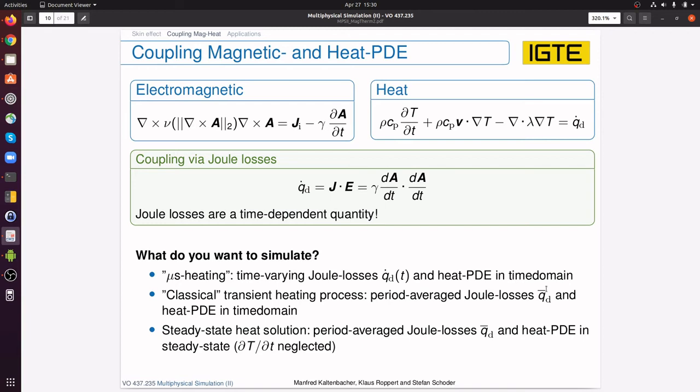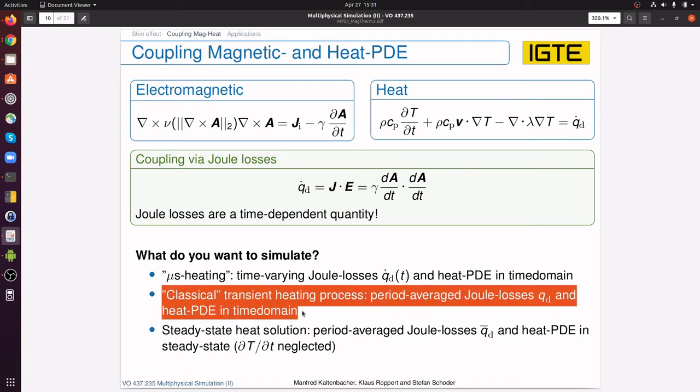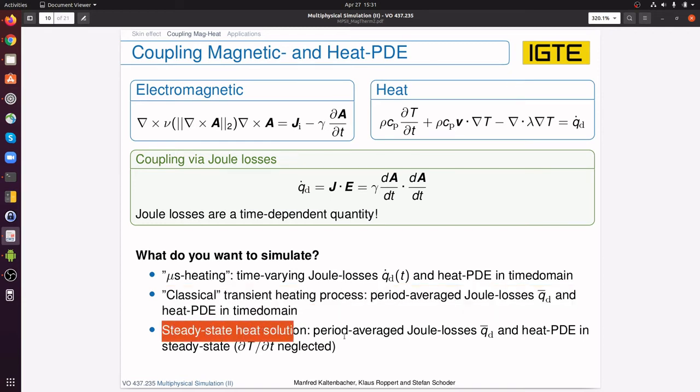And the last type of simulation you can use is the steady state heat solution. So if you're not interested in the way your material heats up, so if you're only interested in the temperature your material has at time infinity, so if you consider this setup here and simulate it for an infinitely long time, you get this solution.